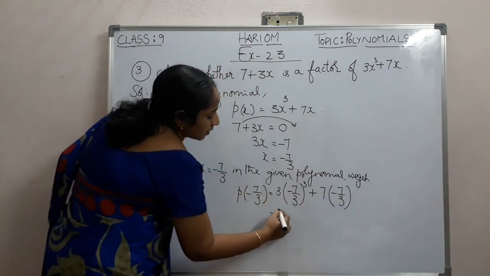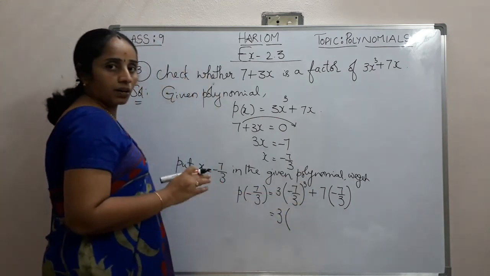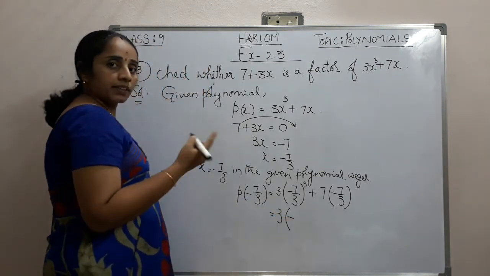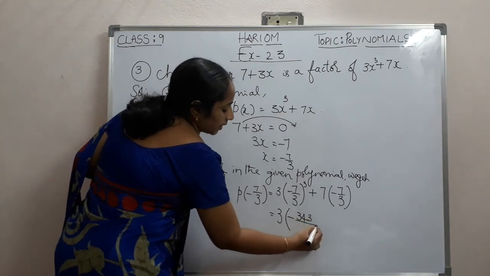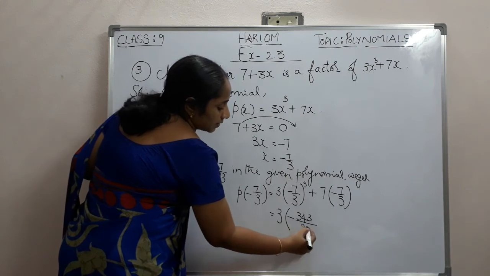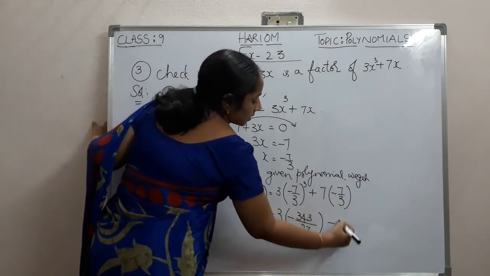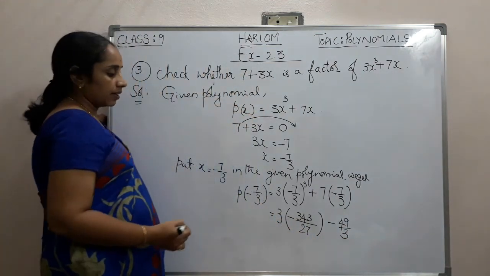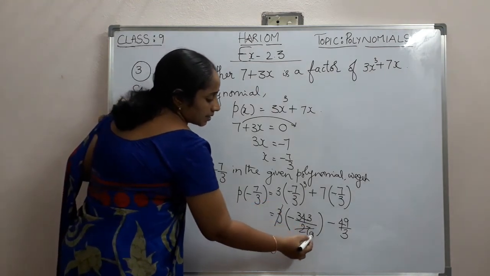It is 3 into a negative number to the power odd, so you will get minus only. 7 cube is 343 by, here 3 cube, that is 27, plus into minus, 7 sevens are 49 by 3. Okay, here 3 ones, 3 nines.